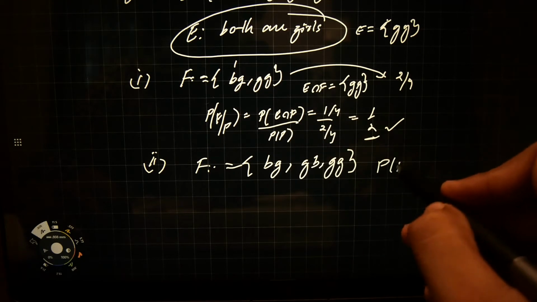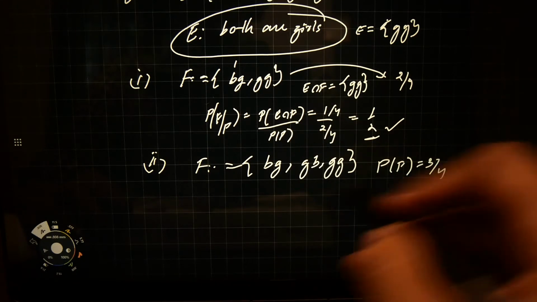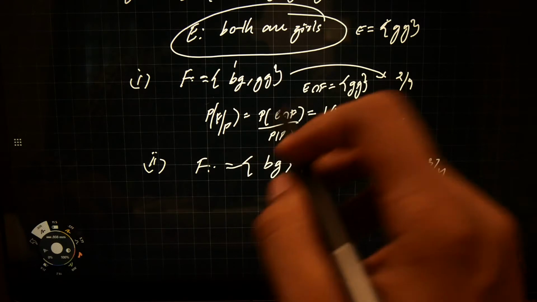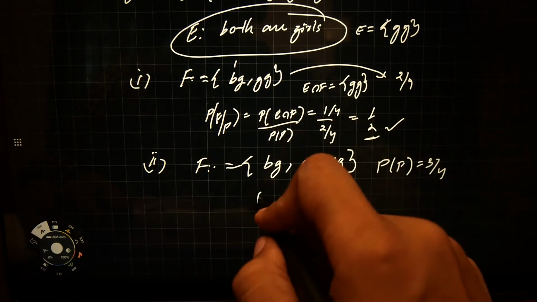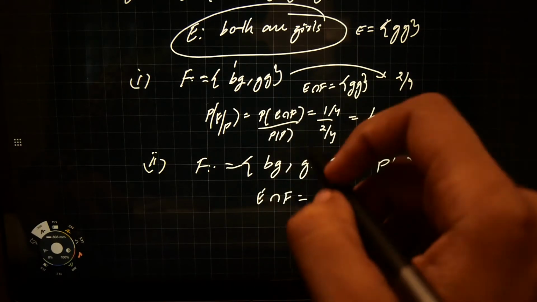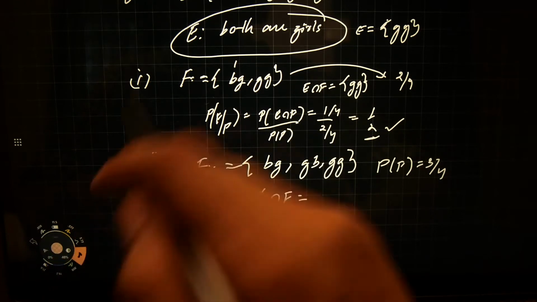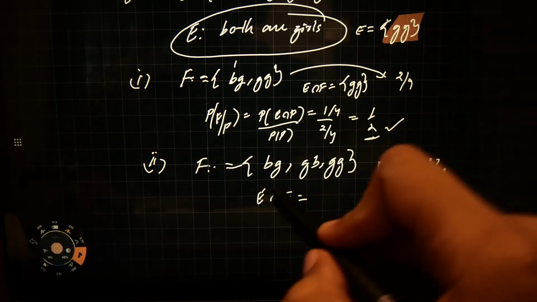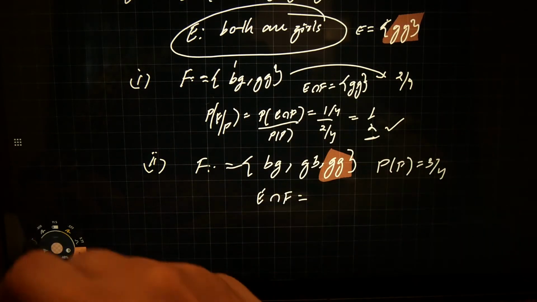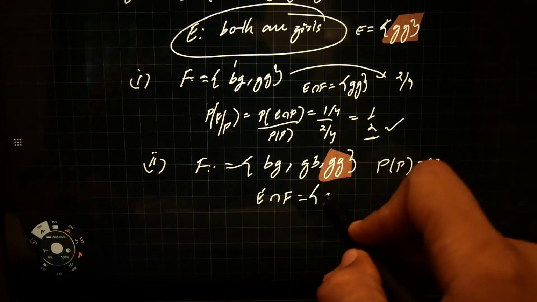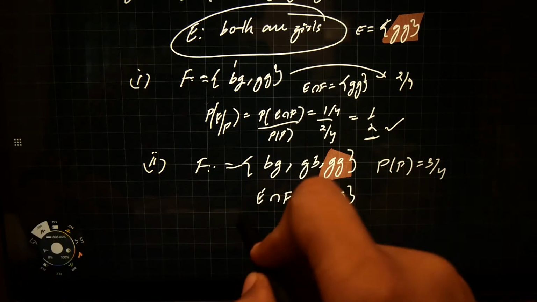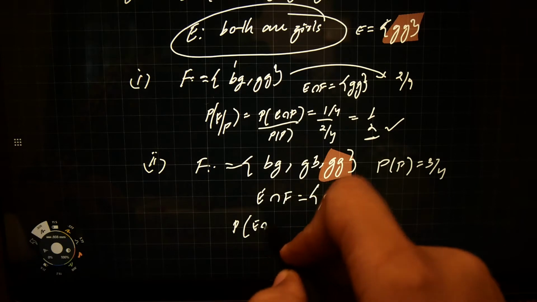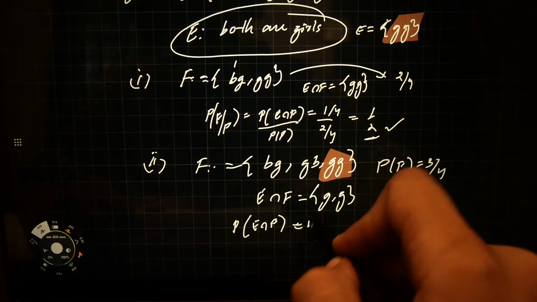So what is P of F this time? It is 3 out of 4. And E intersection F, does it remain the same? E is GG, and E intersection F is, there is only GG common. So again this is GG, and P of E intersection F is still 1 by 4.